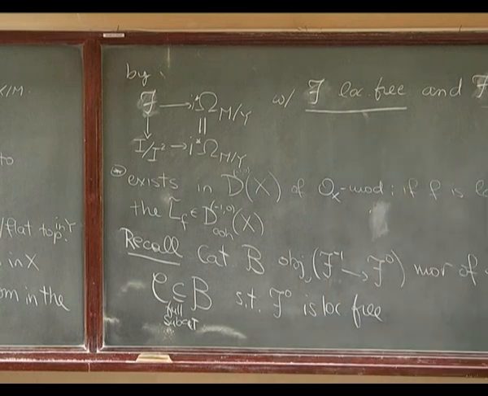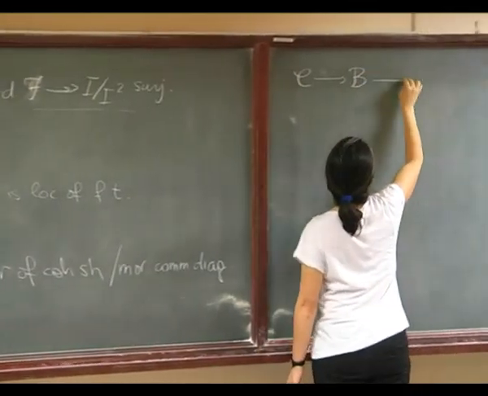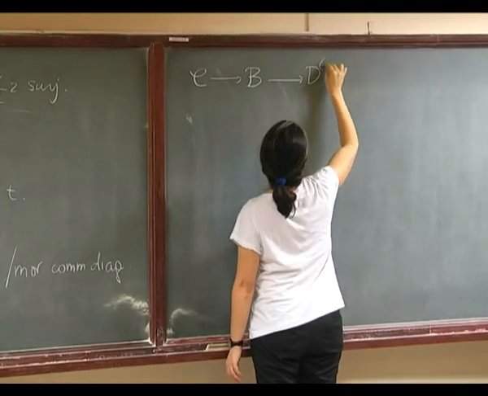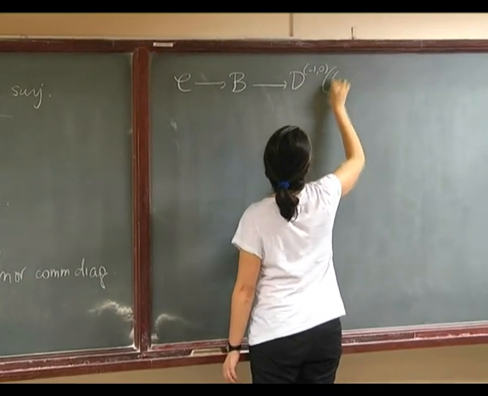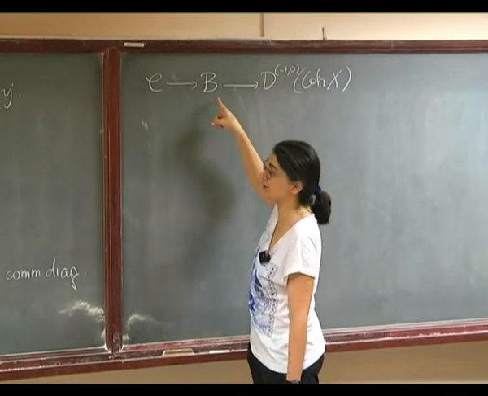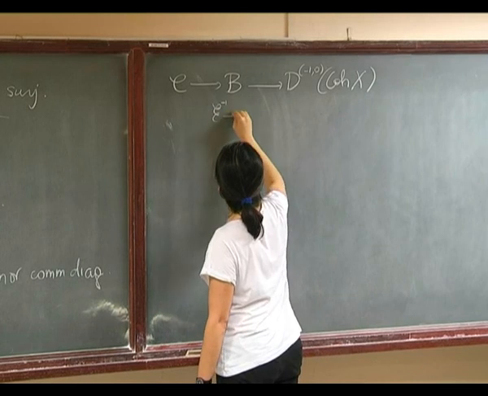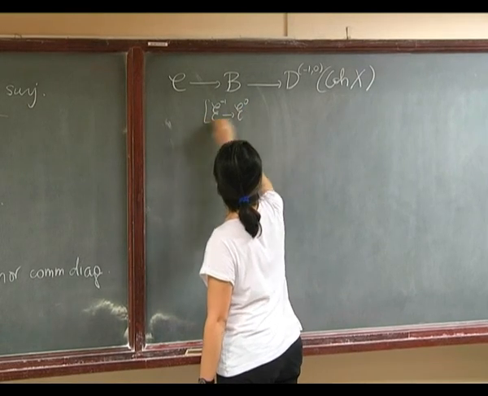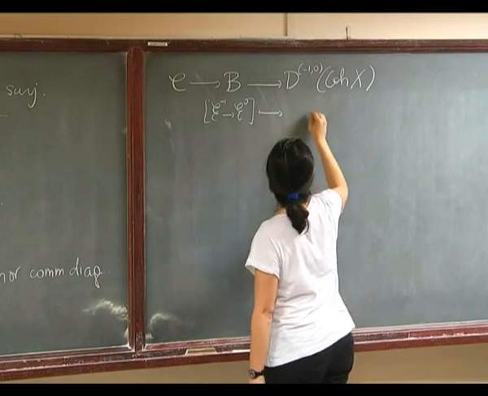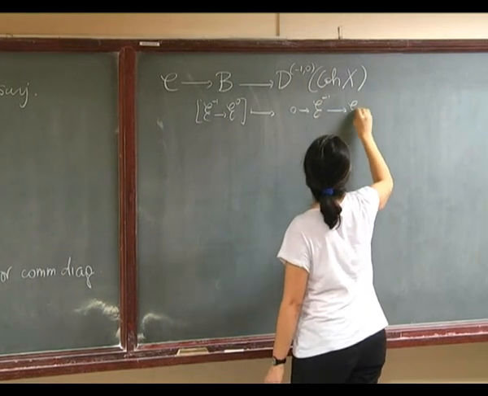And we have a map from C to B to D^{[-1,0]}(O_X), which is just the inclusion, and you take a morphism like this and map it to the complex with just zeros elsewhere.